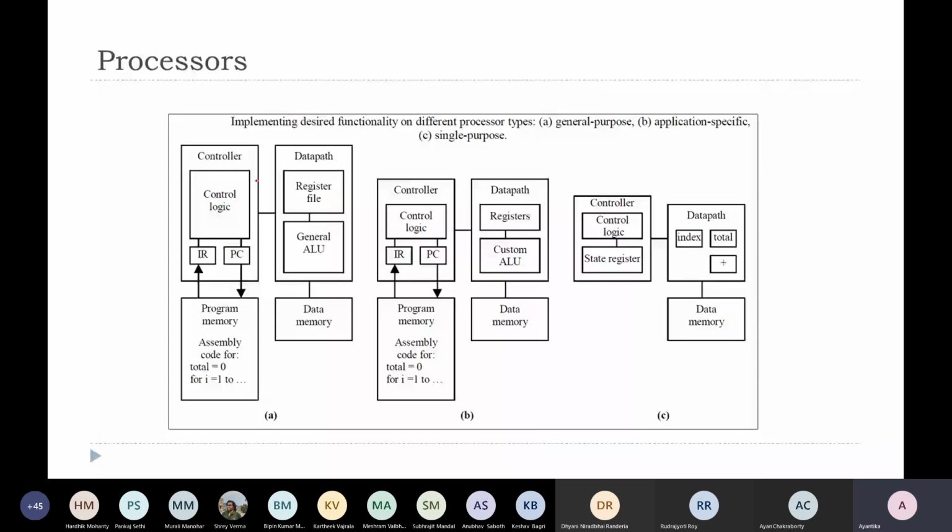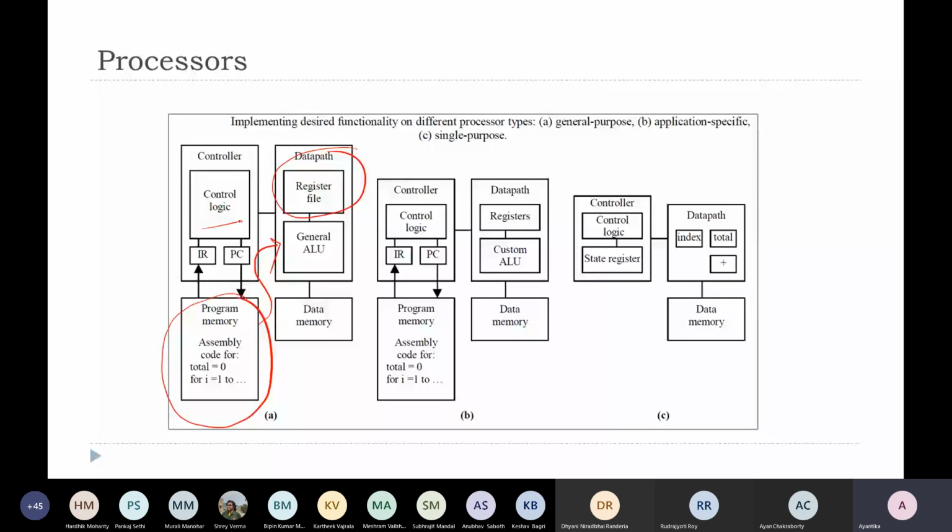You have everything ready, your program memory, your register file where you store your instructions step by step, and you fetch those instructions based on the operations. You send them to your arithmetic logic unit, and your arithmetic logic unit, based on your control logic, executes whatever instructions you have written in sequence, right?